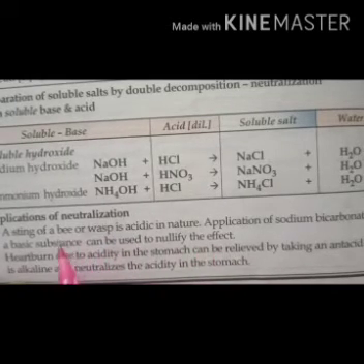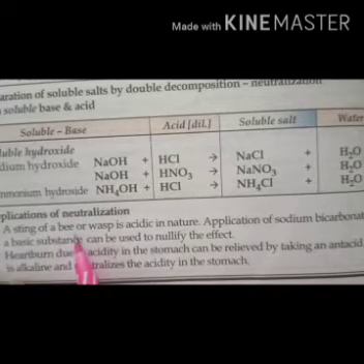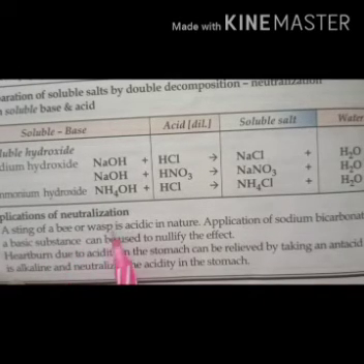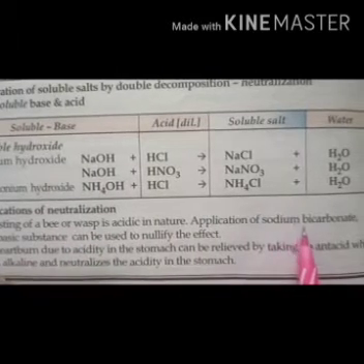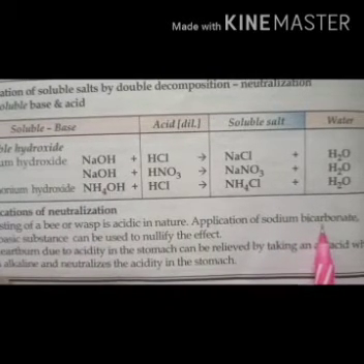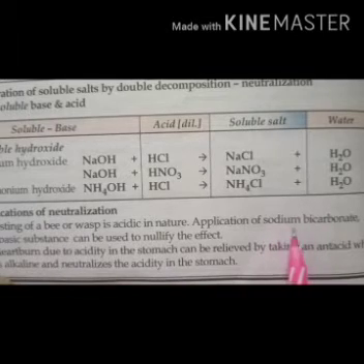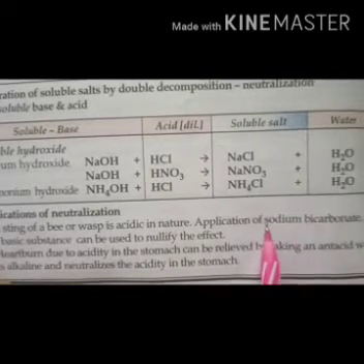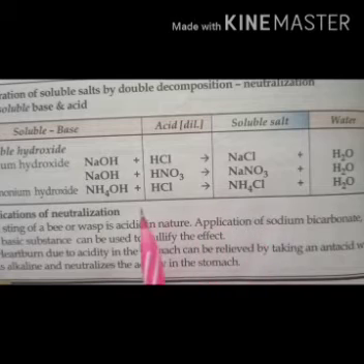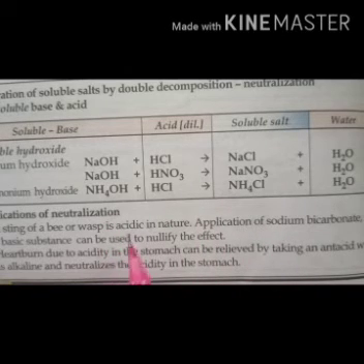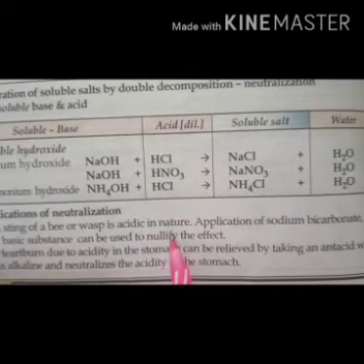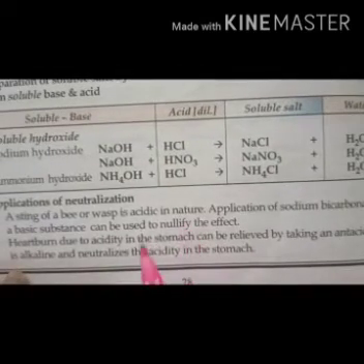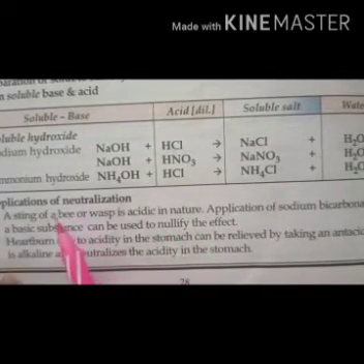The sting of a bee is acidic in nature, so you can neutralize it by applying sodium bicarbonate, which is alkaline in nature. When alkalis or bases react with acid, they neutralize their effect, and in this way you can get relief from the sting of a bee.